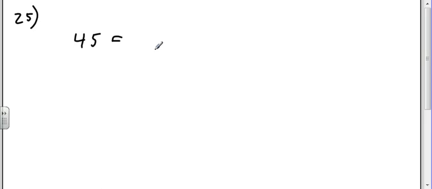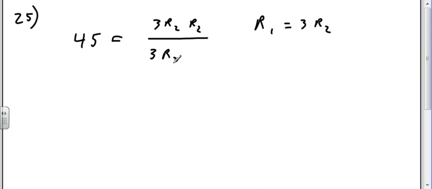And if one resistor is 3 times the other resistor, okay, so R1 is 3 times R2. So I'm going to have 3 times R2 times R2 divided by 3 times R2 plus R2.